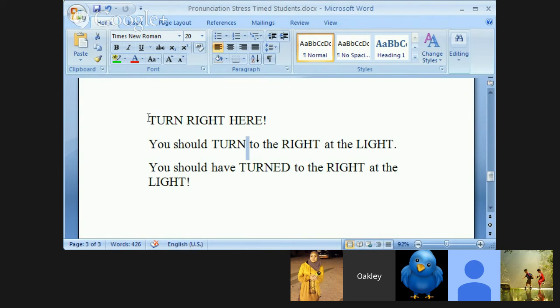Abimelech, let me hear you try it. First one? Yeah. Okay. Turn right here. Very good. You should turn to the right at the light. Okay, pretty good. You should have turned to the right at the light. Notice da da da da da da da, that rhythm naturally occurring.